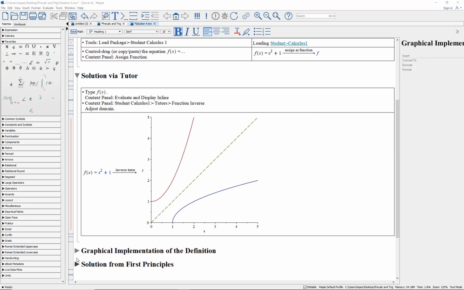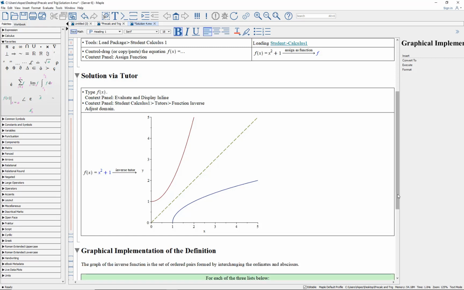Now let's try to come to grips with the definition of the inverse function, where you reverse the order of the ordered pair x, y to y, x. Let's do that graphically.